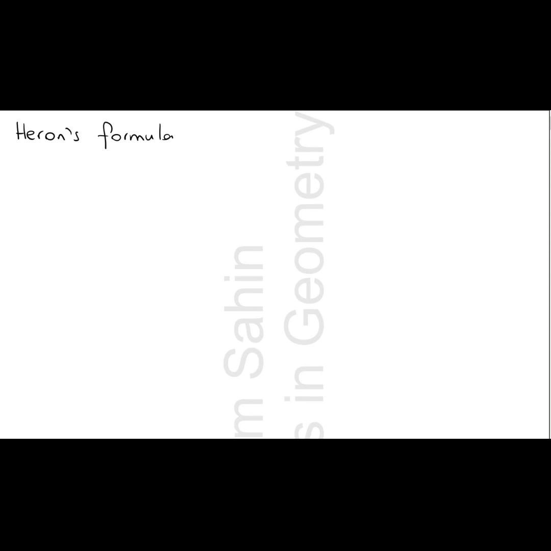Heron's formula gives a method to obtain the area of a triangle by using only the sides and the semi-perimeter.